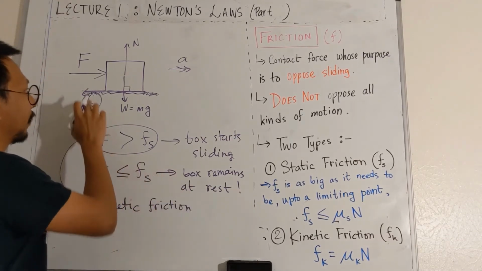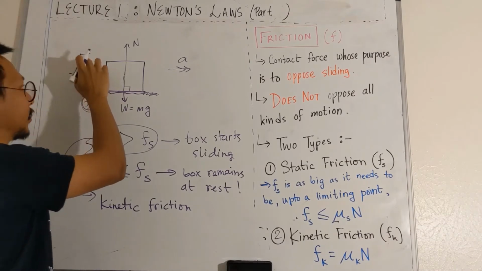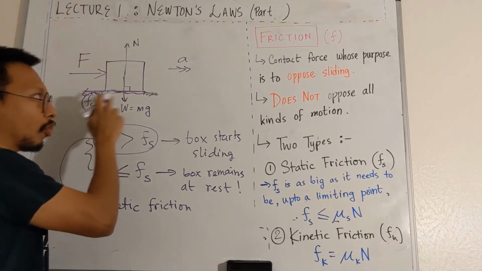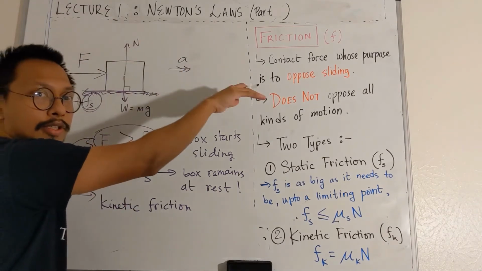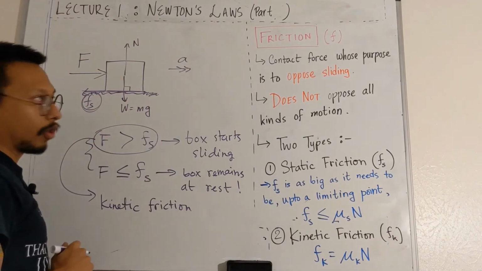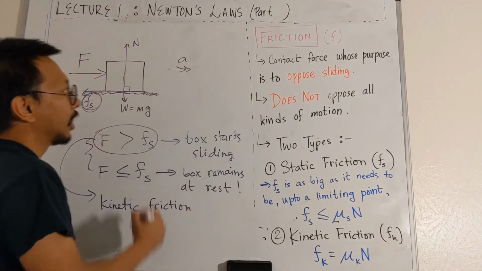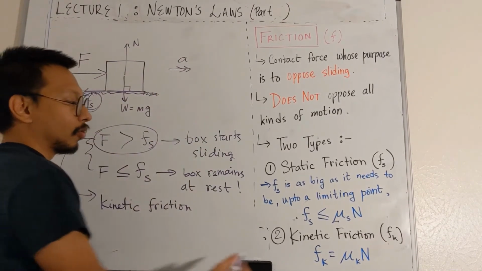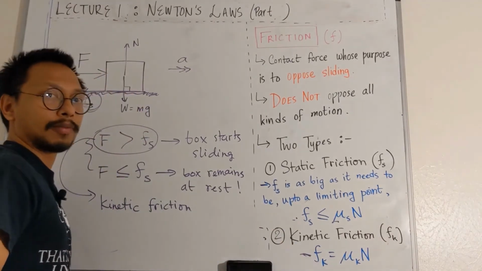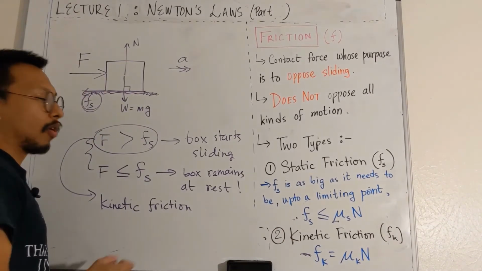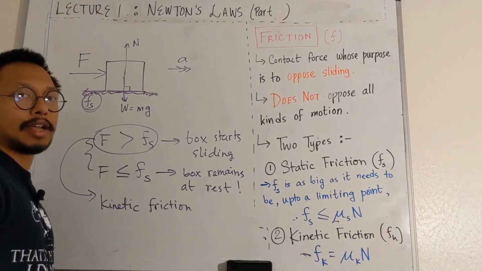So after you have exerted a force larger than your static friction, you already have made the box start sliding across the floor, which means now since the box is already sliding, our friction changes to kinetic friction. Alright, so that is the basic difference between static friction and kinetic friction.